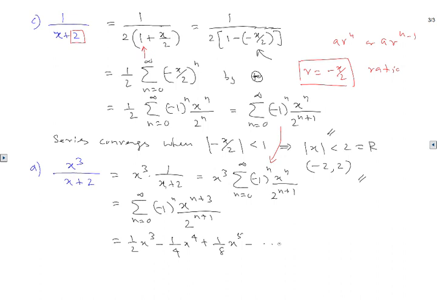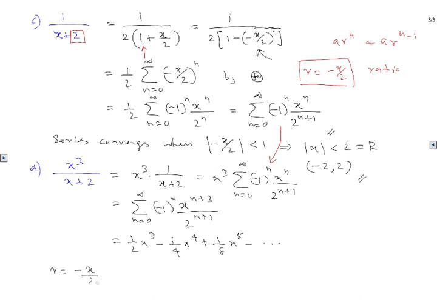You can see the radius of convergence is still the same. You can just take one of these terms. Even though you multiply by x^3, the r is still the same. R is still negative x over 2. R is the term which has an n in there, so that means it is negative 1, x, and a 2.